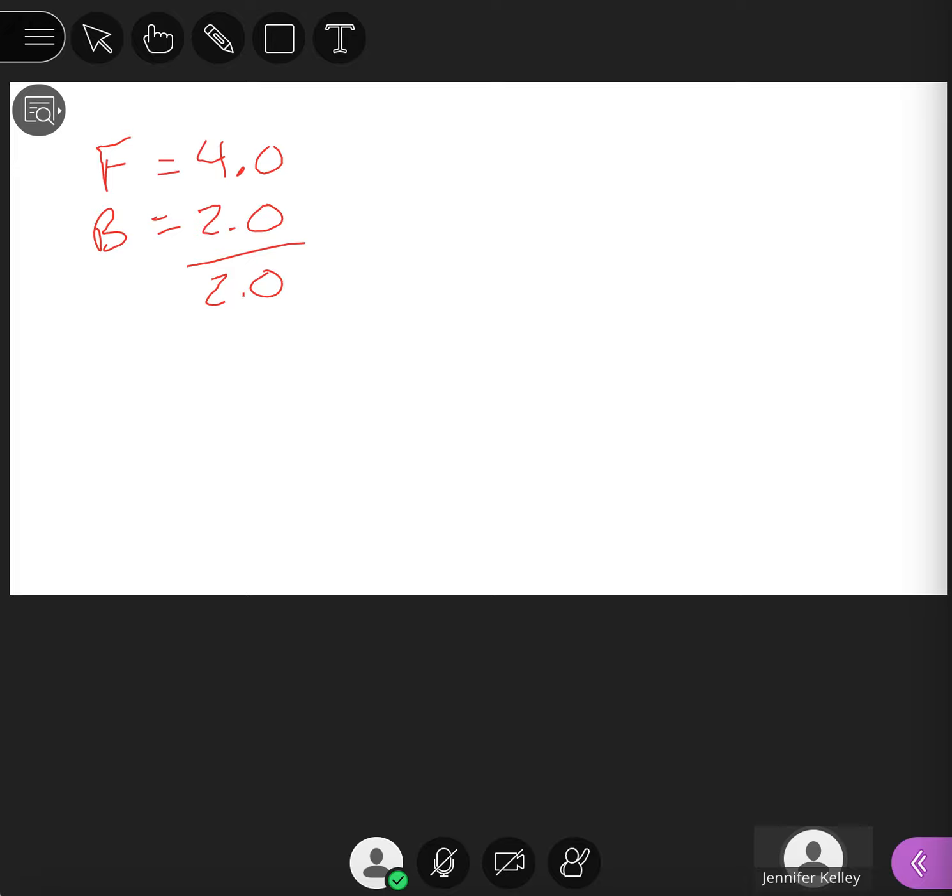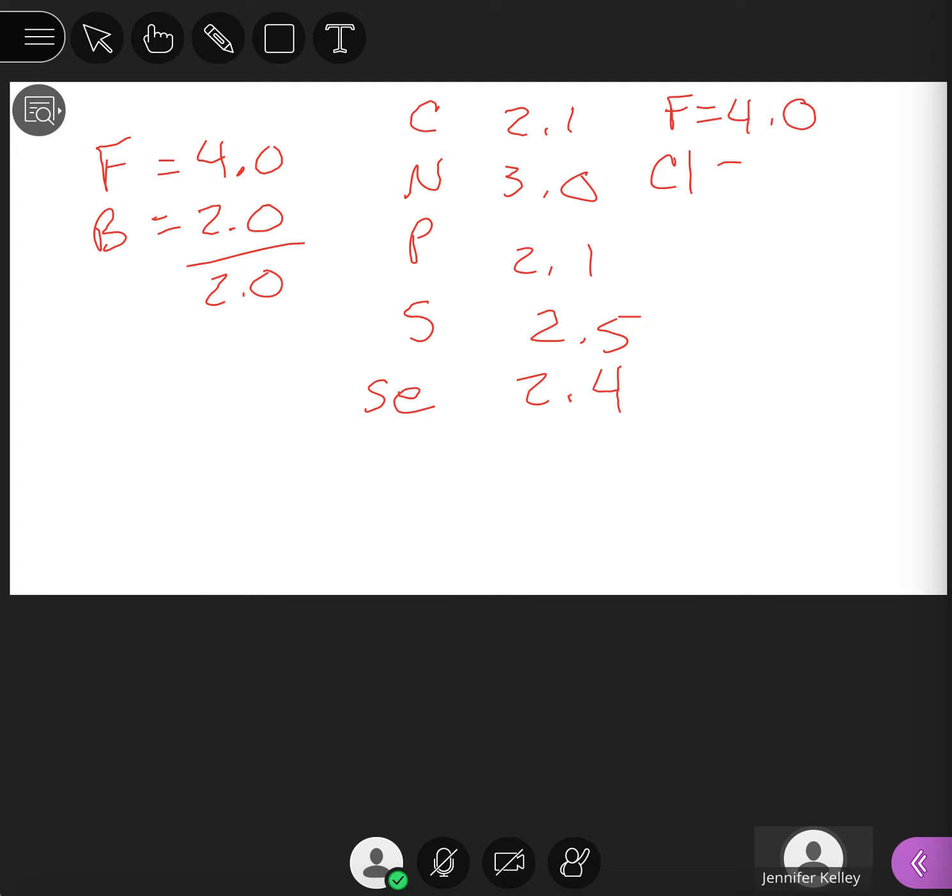So the nonmetals that we have are carbon, and that's 2.1. Nitrogen is 3.0. Phosphorus is 2.1. Sulfur is 2.5. Selenium is 2.4. Fluorine is 4.0. Chlorine is 3.0. Bromine is 2.8.